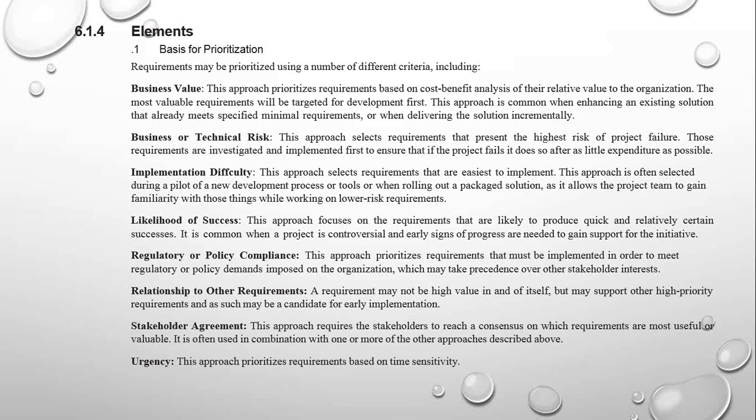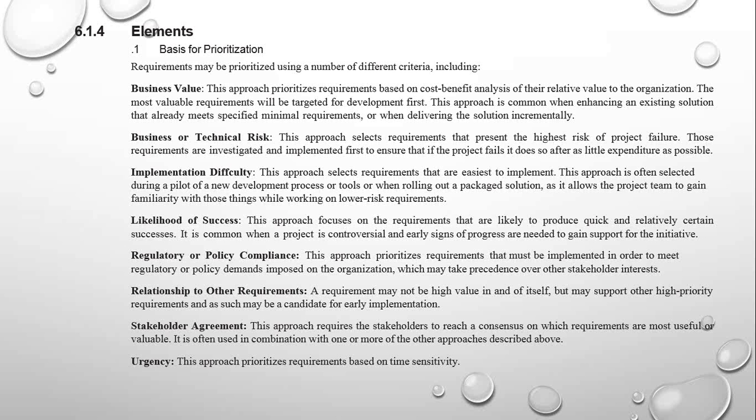The moment we say likelihood of success, automatically you can think about likelihood of failure, so that goes hand in hand. Then regulatory or policy compliance, relationship to other requirements, stakeholder agreement, and urgency towards the end.